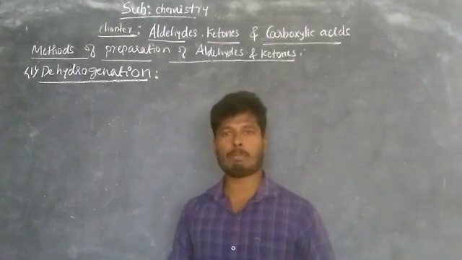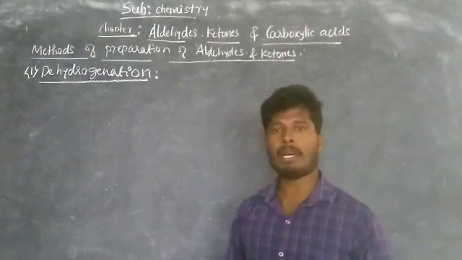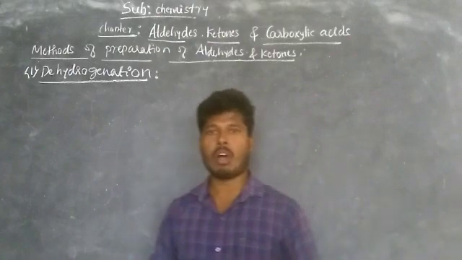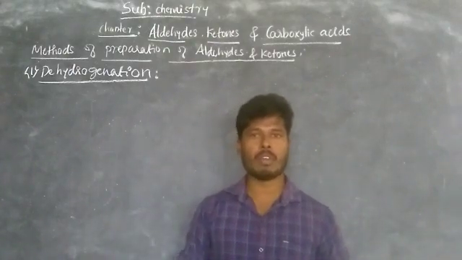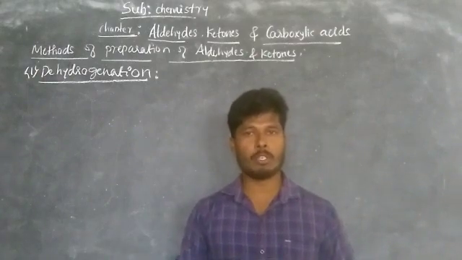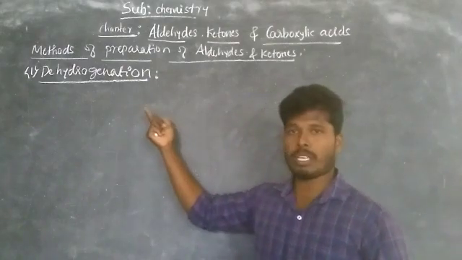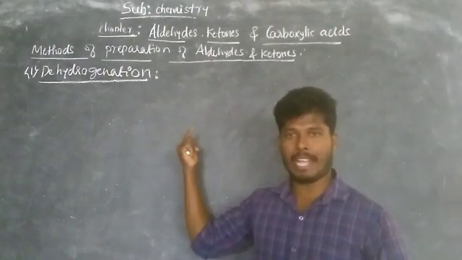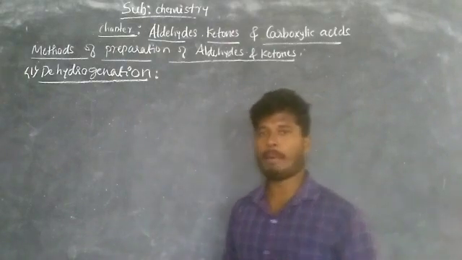You get the respective aldehyde or ketone compounds. The primary alcohol vapors give aldehydes and the secondary alcohol vapors give ketones when we pass them through a copper tube or silver tube at 573 Kelvin. Under that process, hydrogen removal takes place. We call it dehydrogenation. Now see the example.